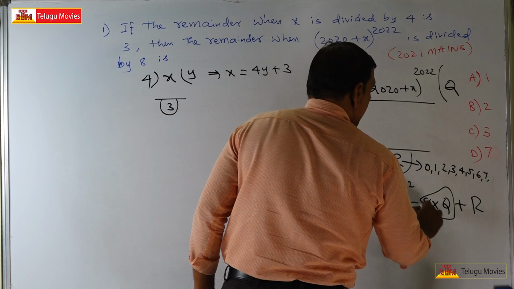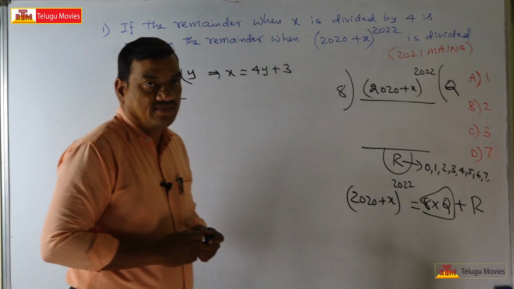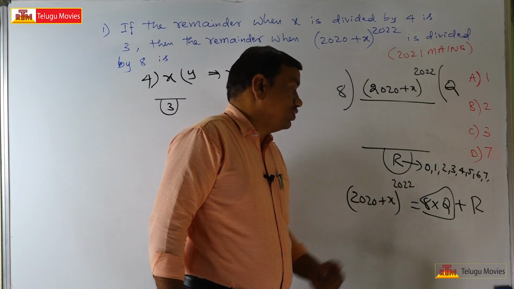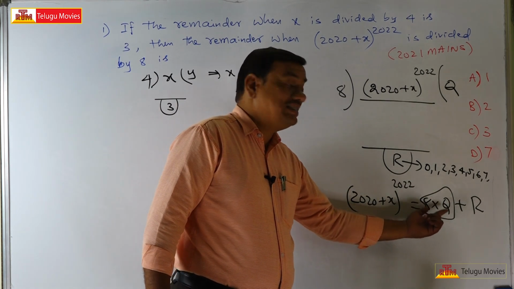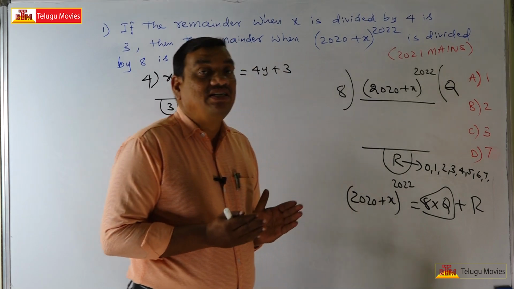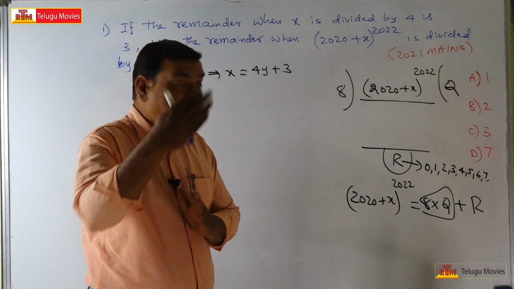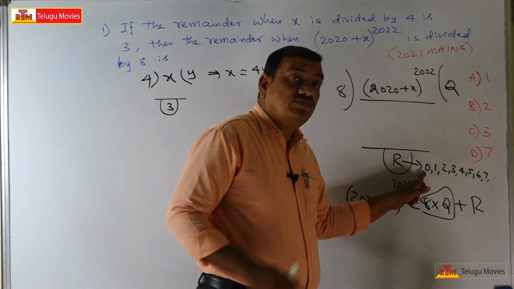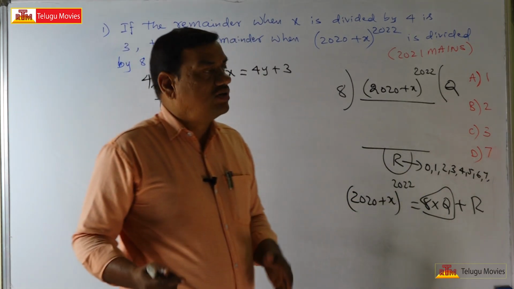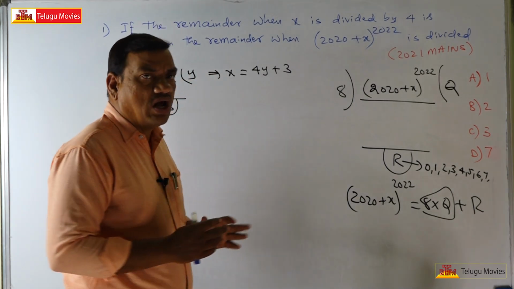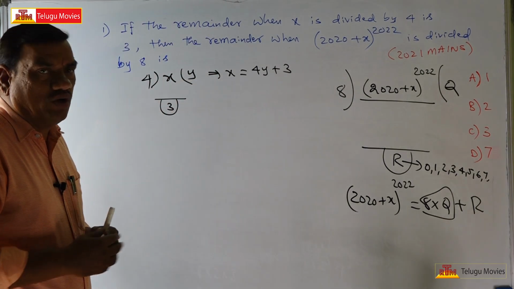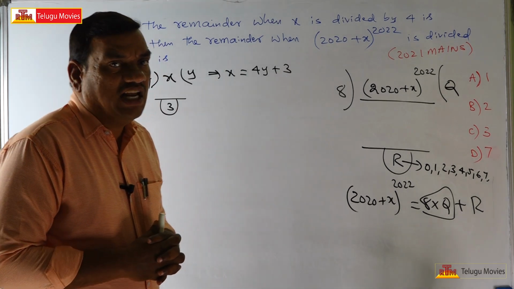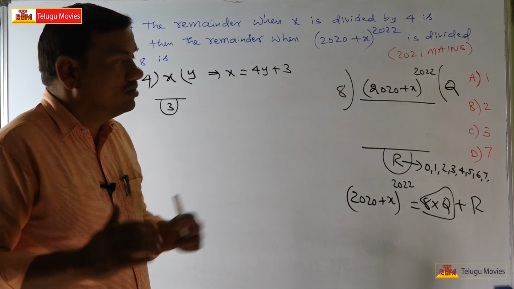So you have to express (2020 plus x) whole to the power of 2022 as 8 into some integer, plus r, where r is the remainder, and that remainder is also from 0, 1, 2, 3, 4, 5, 6, 7. So if you see the options, all options are possible. There is no elimination. Generally in this type of problems, there won't be any elimination of the options.